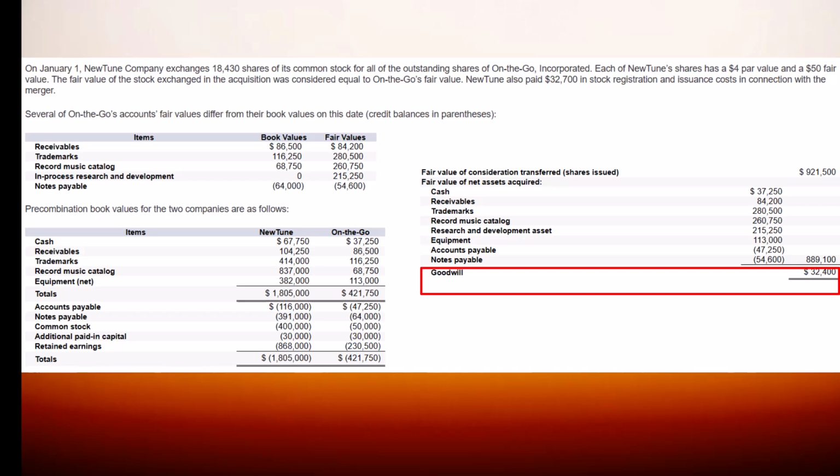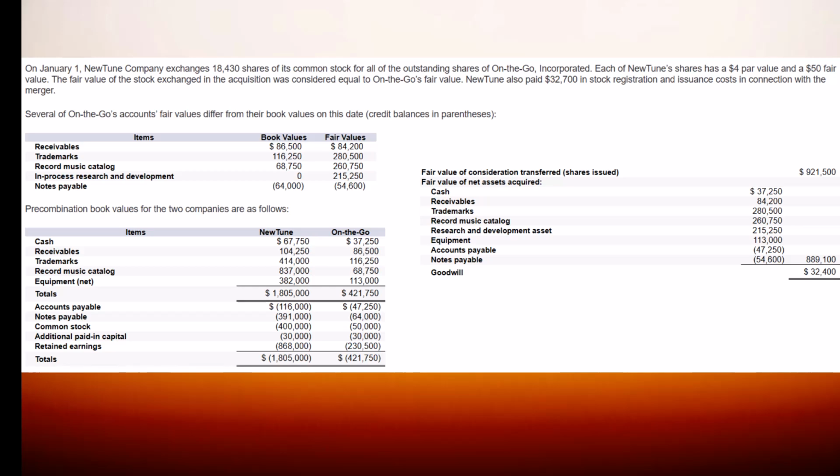It's a plug figure that represents all the intangible assets that we can't separately identify, like customer loyalty or workforce synergy. So we take our consideration transferred of $921,500 and subtract the net assets of $889,100, and that gives us goodwill of $32,400.